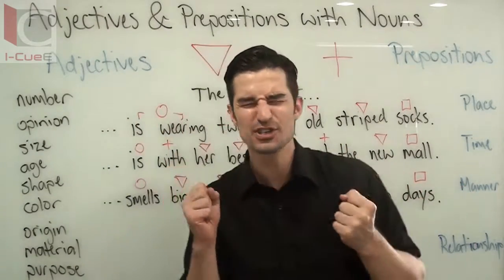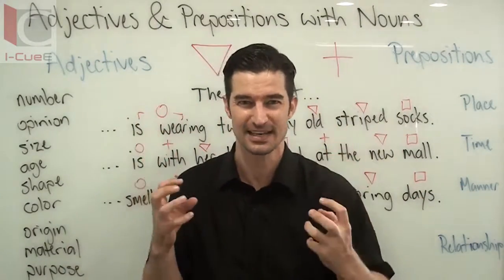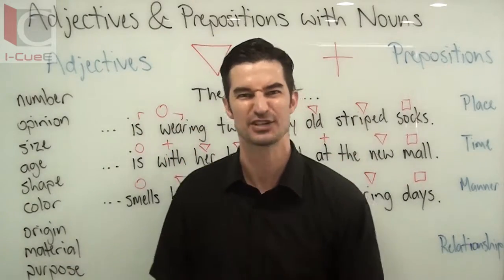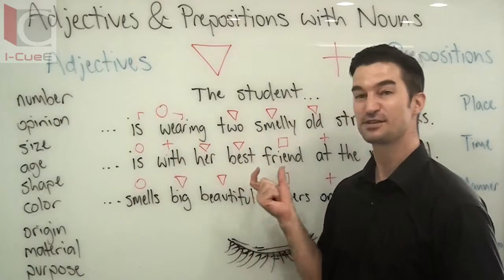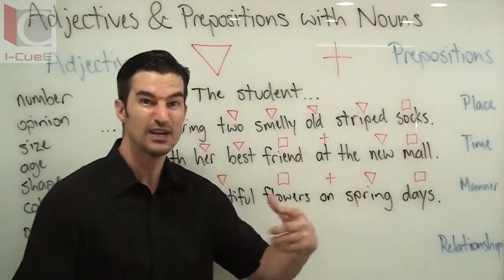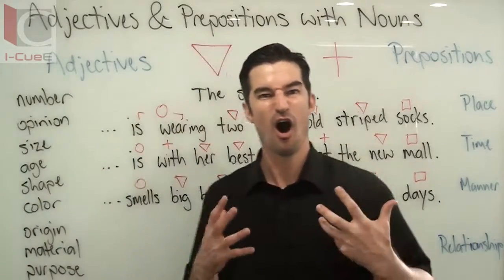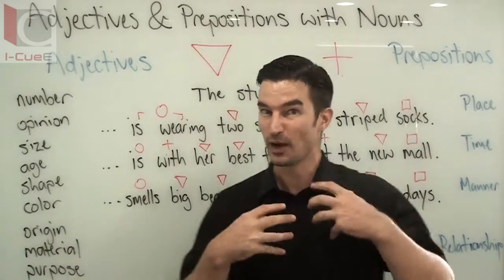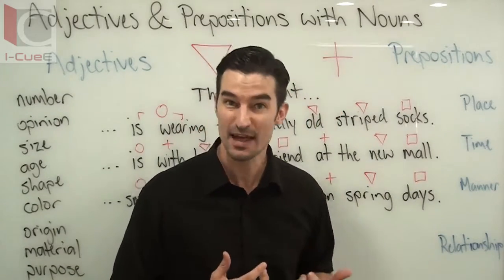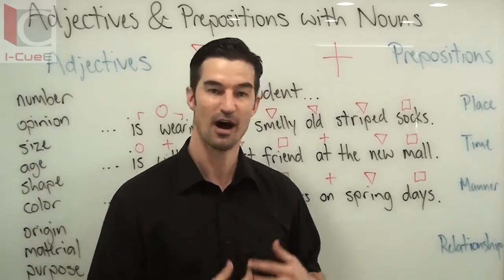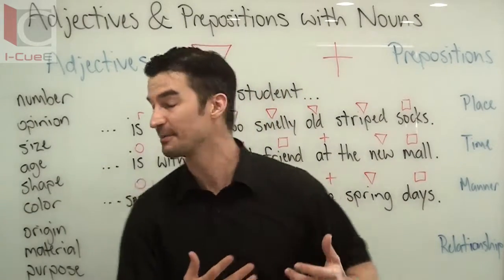Now, if you close your eyes and you picture it, instead of getting a really clear picture of the best friend or the mall, we know it's new, but all we get is a person that someone is connected with, and we get a place where the 2 people are spending their time.